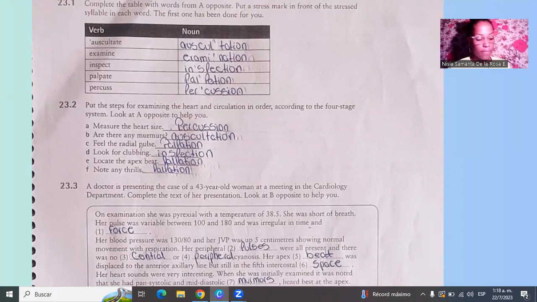Put the steps for examining the heart and circulation in order. A. Measure the heart size by percussion. Are there any movements or pulsation? Radial pulse. Palpation. Alert for clubbing. Inspection. Look at the apex beat. Palpation.